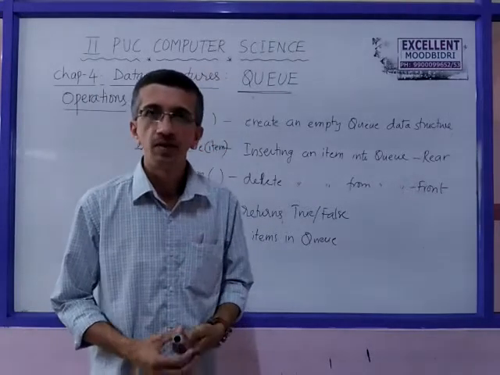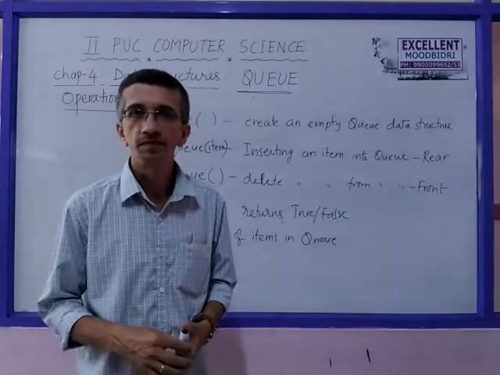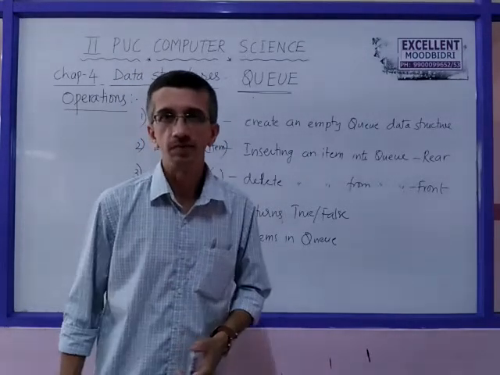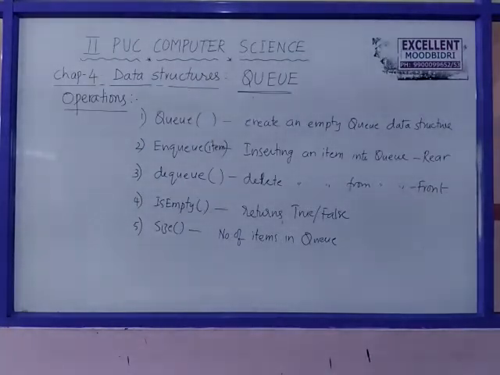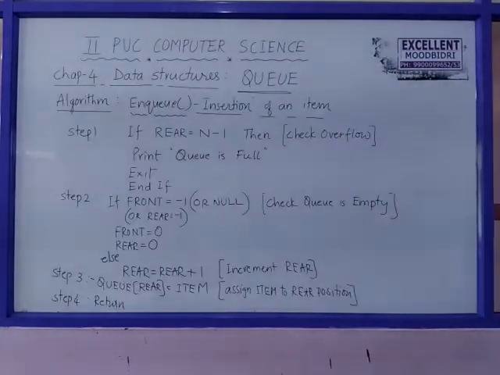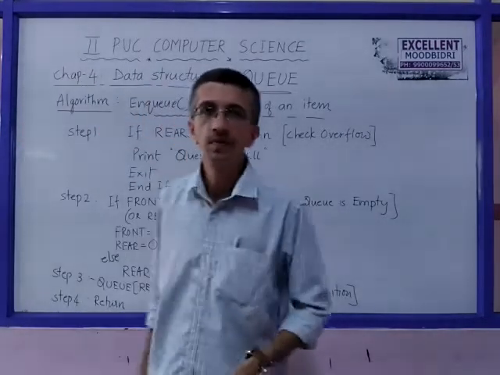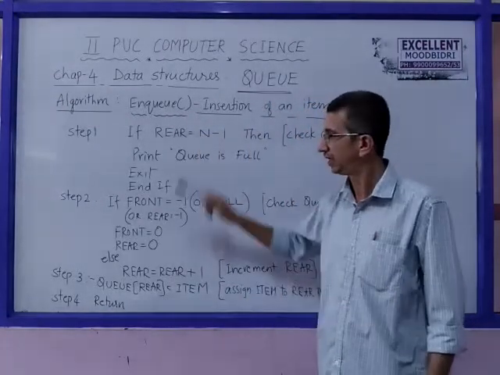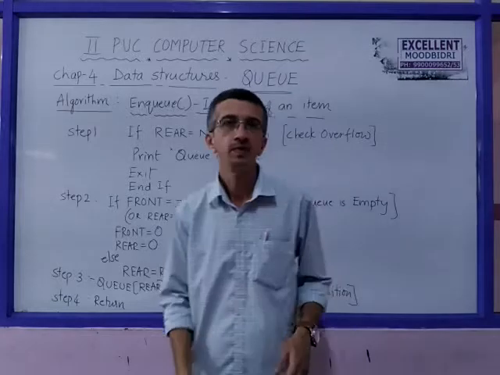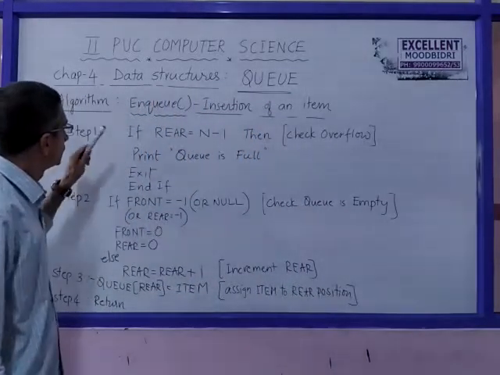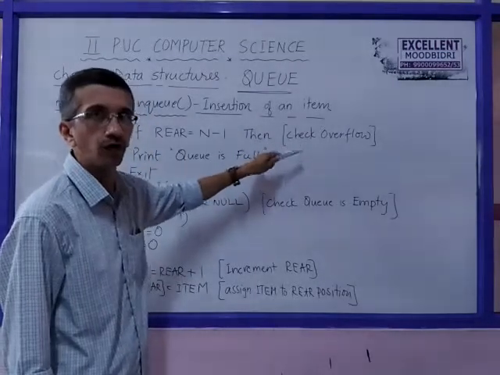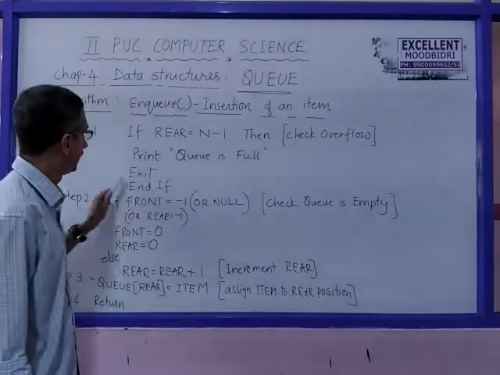Now let us see the two most expected operations, NQ and DQ, using algorithms. Let us see the algorithm of NQ, insertion of an item into the queue. I have written the algorithm already, I will explain it. Step 1: if rear is equal to n minus 1, then it is checking for overflow. Print the queue is full, exit.